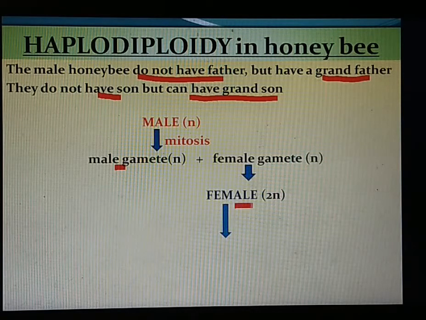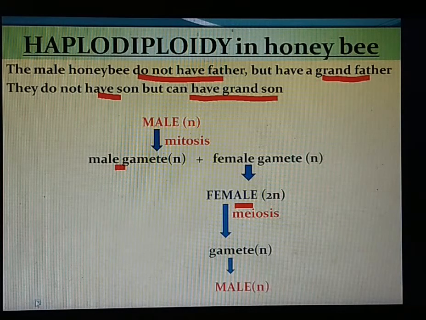Again this female will undergo meiotic division, and it will release the female gametes, and this gamete will develop into the males without fertilization. We should remember that. It is called parthenogenesis. So females give rise to males without fertilization, and males will give females with fertilization, right?